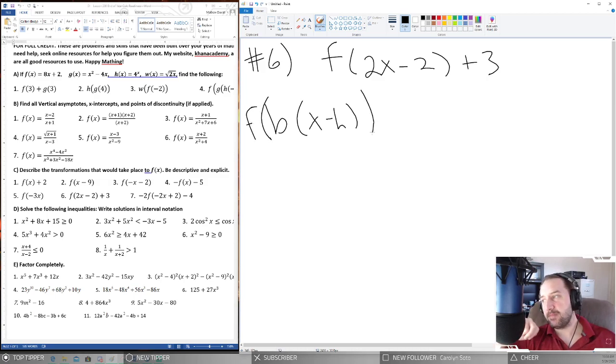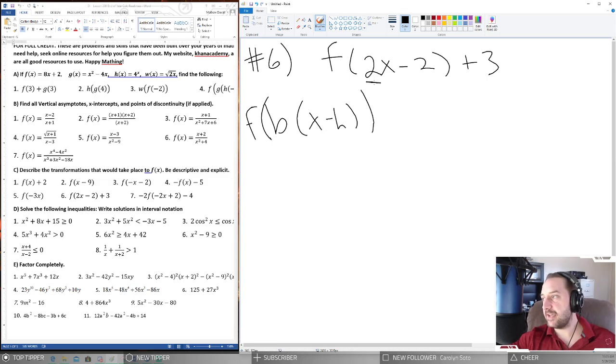Now, technically, definition-wise, we don't write it like that, but we want to write it like that. It makes the way that we process the transformation a little easier.